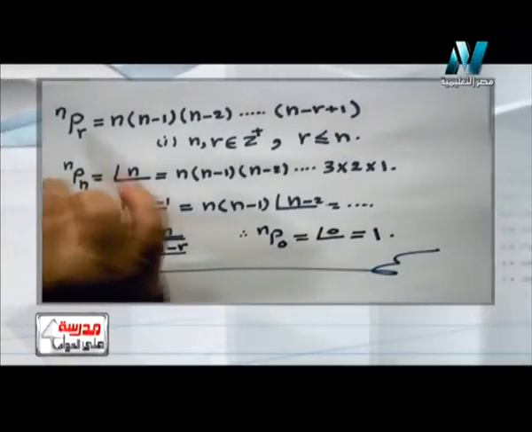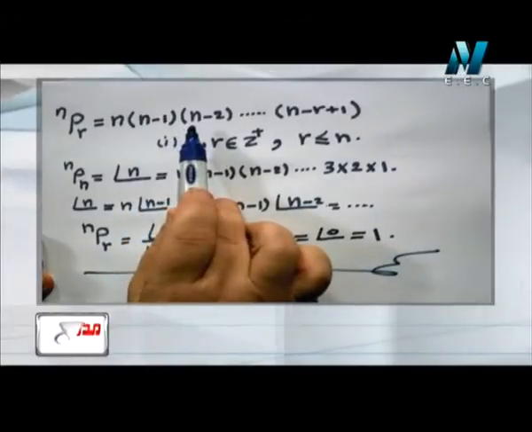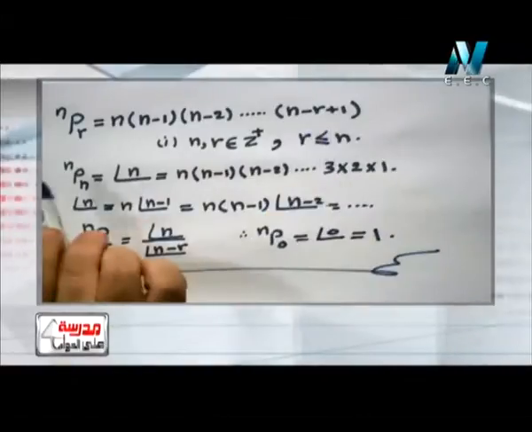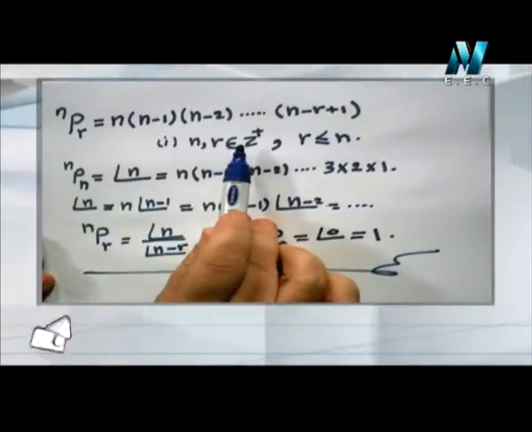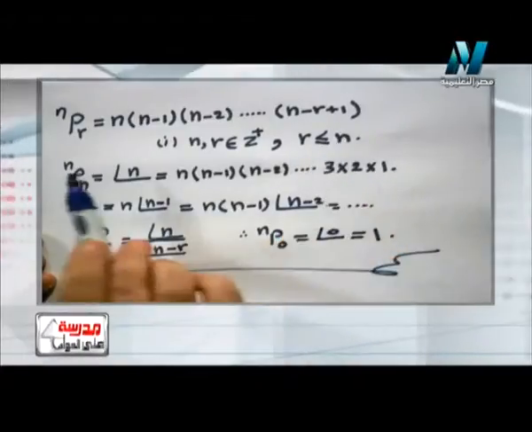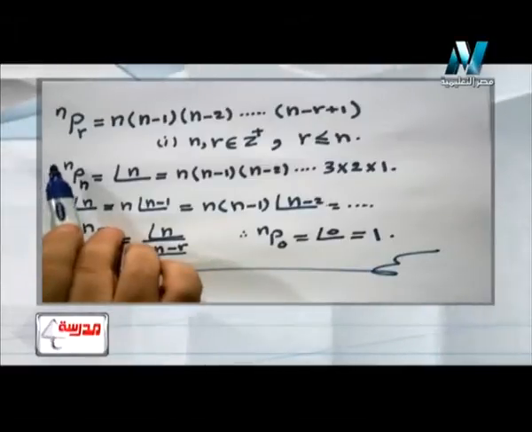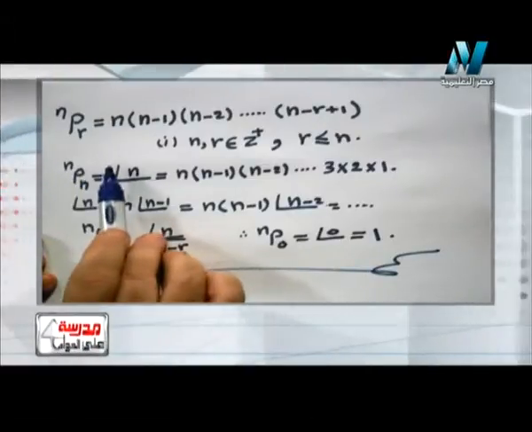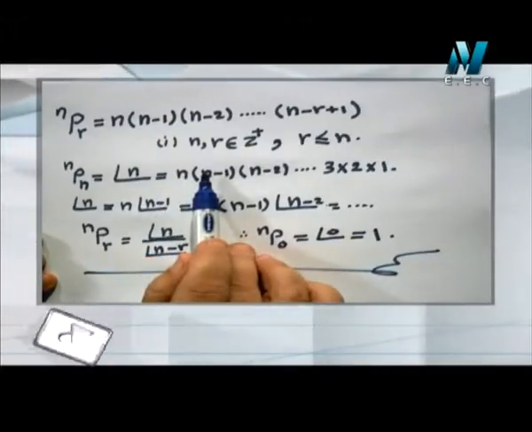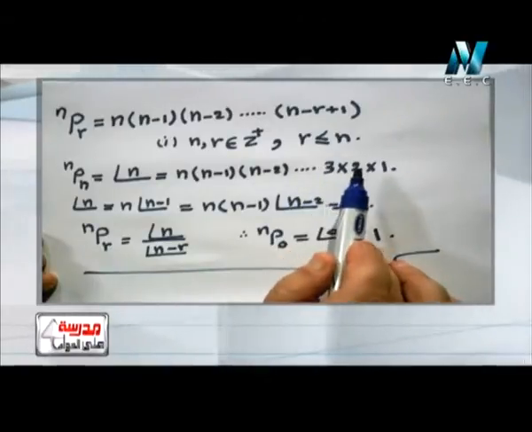Again, nPr equals n multiply n minus 1, n minus 2 up to n minus r plus 1, and n and r belong to Z positive integers, and r is less than or equal to n. And nPn, when r equals n, is called factorial n, equal to n multiply n minus 1, n minus 2 up to 3 by 2 by 1.